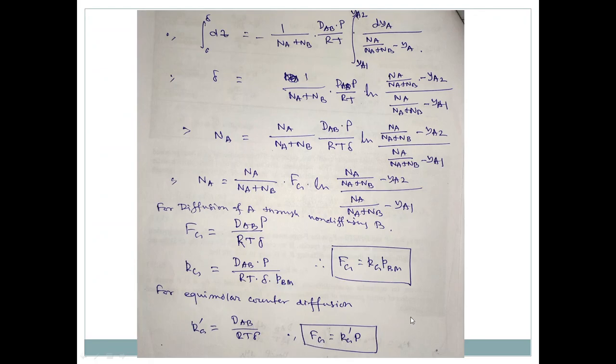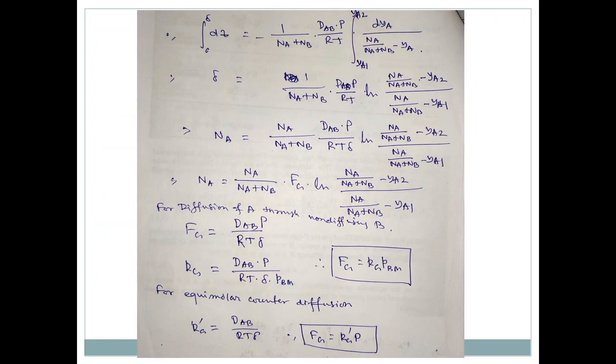In this lecture we discussed the different types of mass transfer coefficients, and in all of them one term is always there, that is the boundary layer thickness delta. If I can calculate this boundary layer thickness delta, then the other terms can be easily calculated.